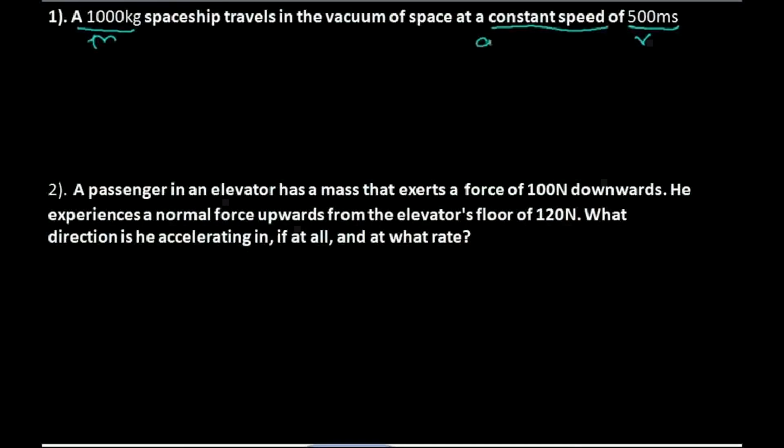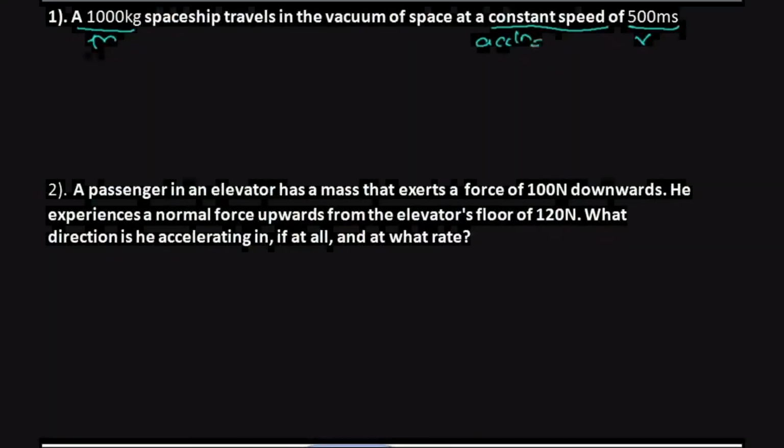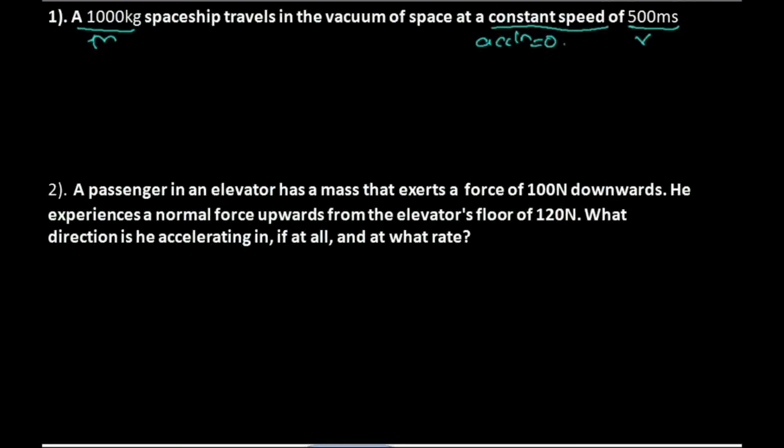Constant speed means acceleration is equal to 0. They want to know the net force acting on the body. Net force is equal to m into a. Since acceleration is 0 for a constant speed, F net becomes 0. This is the first problem.